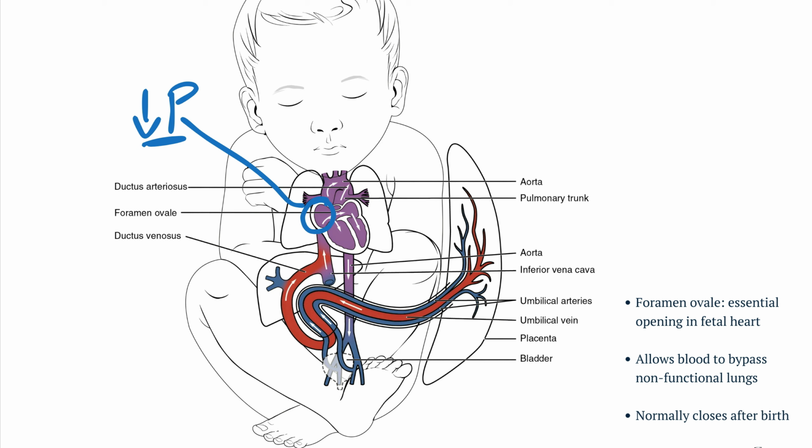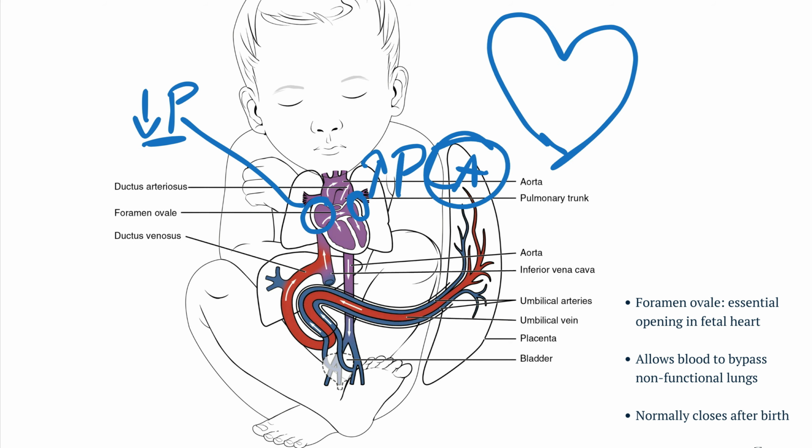So now, because we have an increase of pressure in the left atrium and a decrease of pressure in the right atrium, the flaps, now you can't really appreciate the flaps in the picture here, so let me just draw here. So we have the left atrium and the right atrium, and then we have the interventricular septum, let's draw it here. So there's a flap here and a flap here, and then blood flow goes through this foramen ovale.